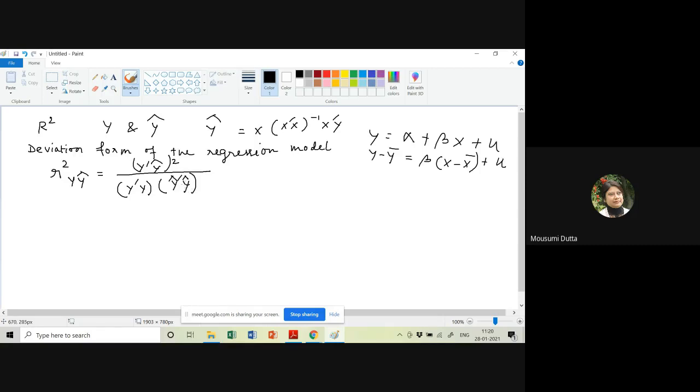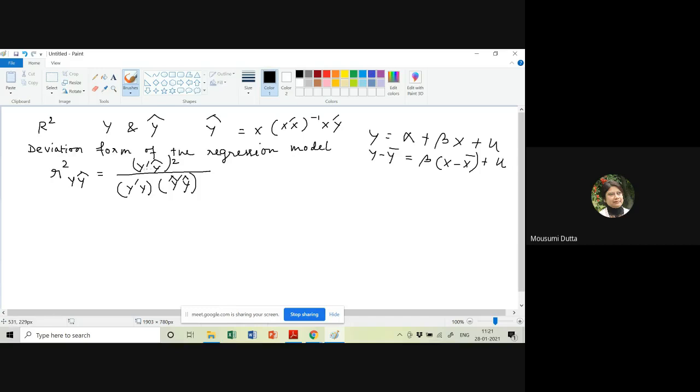Pearson's product moment simple correlation has, in the numerator, the covariance term, and in the denominator two standard error terms. Now I am considering the square of the correlation, so in the numerator, the square of covariance.